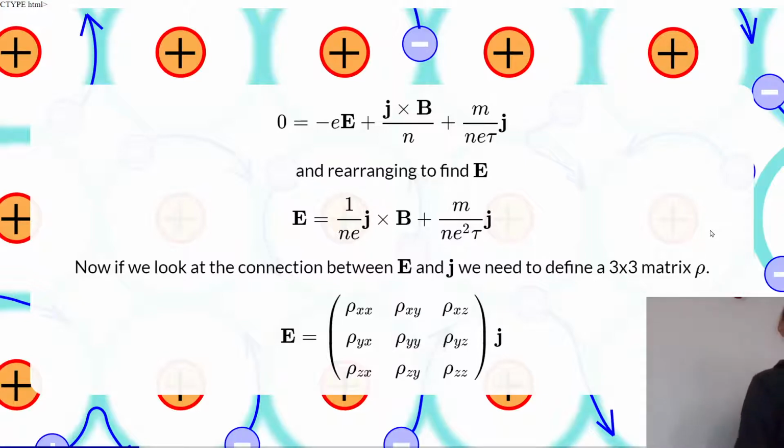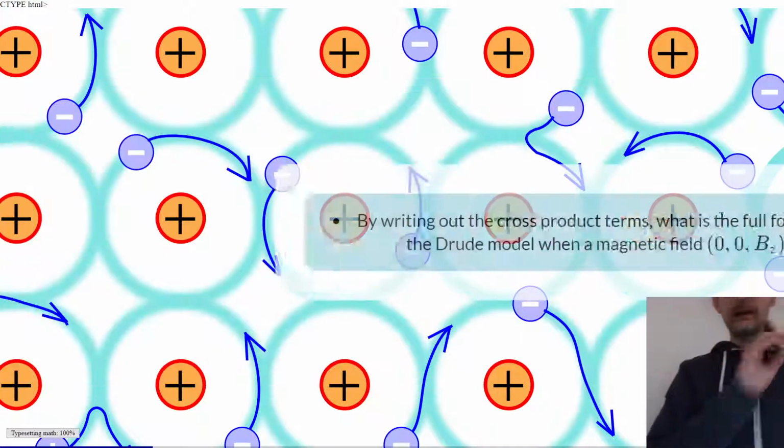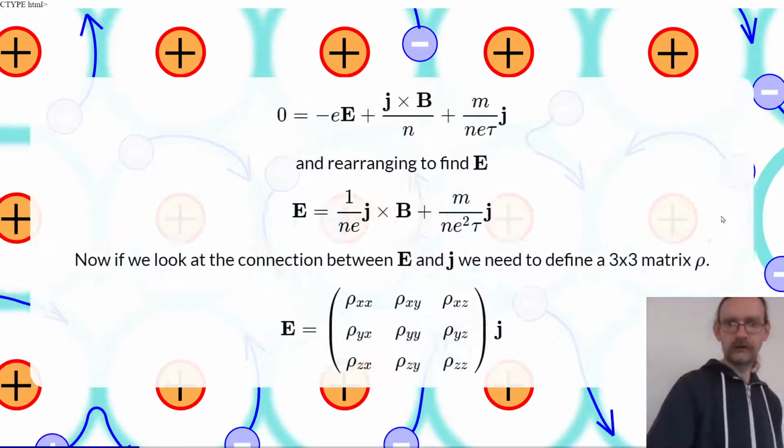So if we wrote out those things component by component, we could work out which things made up each of these elements in the matrix and write them down.